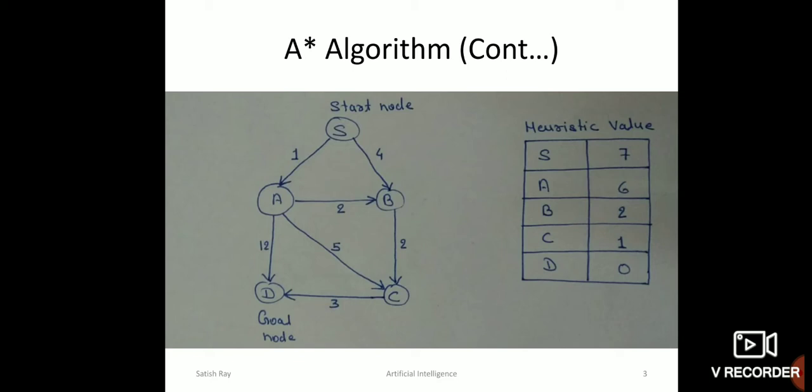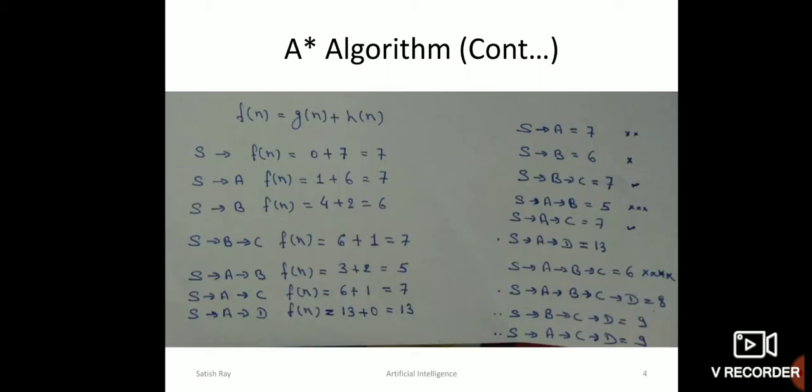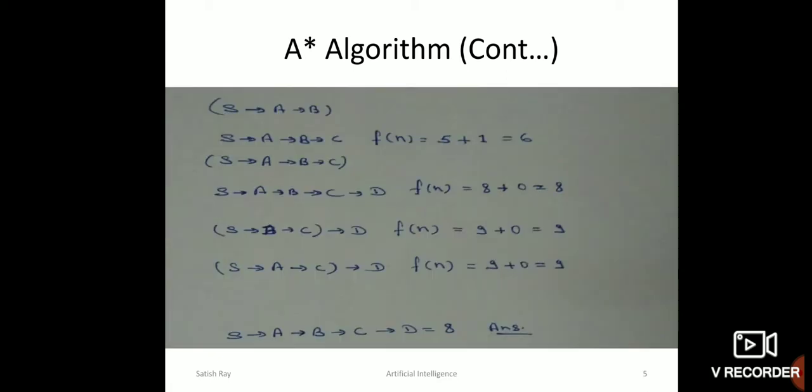So it is 9, and the heuristic value of D is 0. So 9 plus 0, it is 9. Now we will write this path at the right hand side here, and we will select the path which is unexplored and has the minimum value.